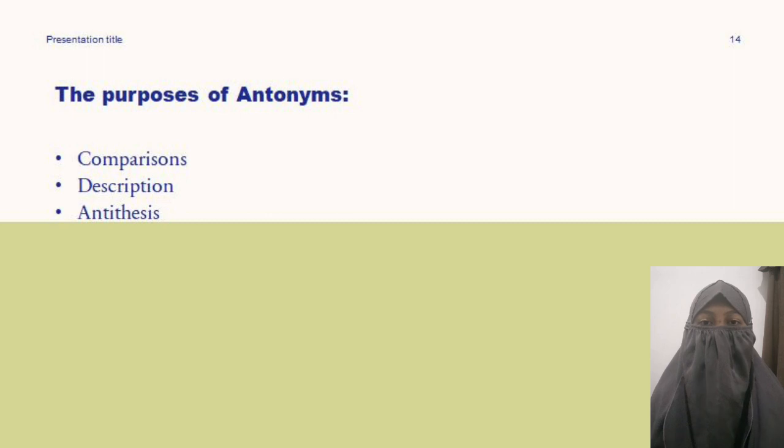If you are writing a research paper that compares two topics, using pairs of antonyms can better communicate what sets them apart. 2. Description. Sometimes the best way to describe something is to explain what it isn't. Using antonyms with a negative can add new dimension to your description and improve your writing word choice.